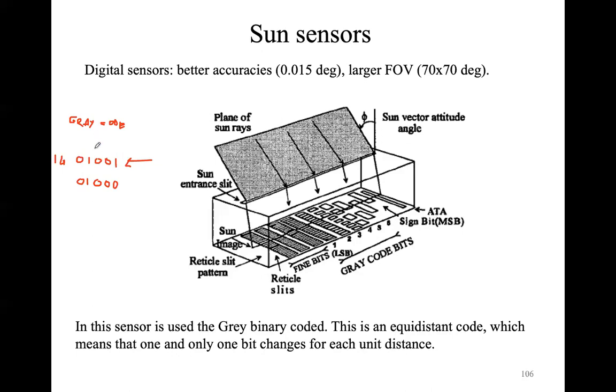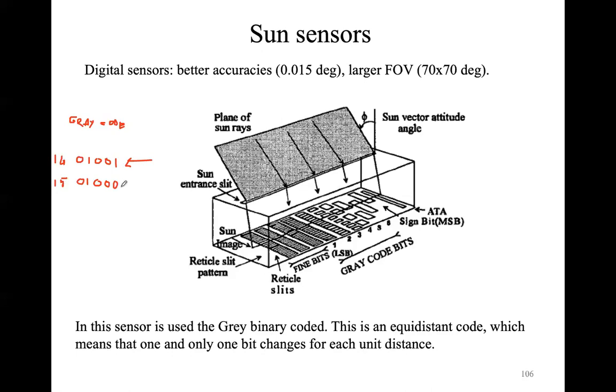The advantage of a gray code is that if there is a change in the decimals, for example from 14 to 15, you only change 1 digit. So the gray code means that every time there is a change of 1 decimal of the phi angle, we only change one binary bit.